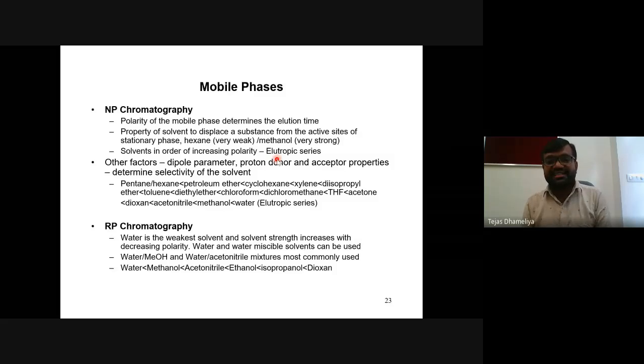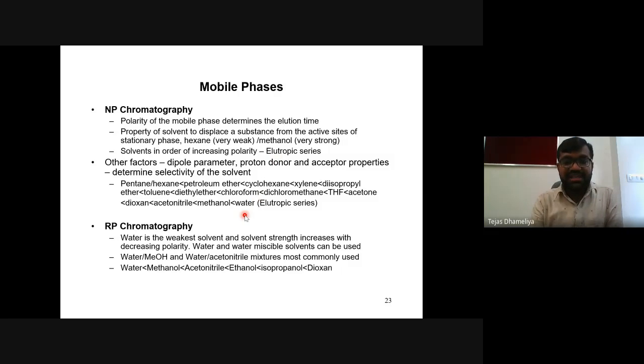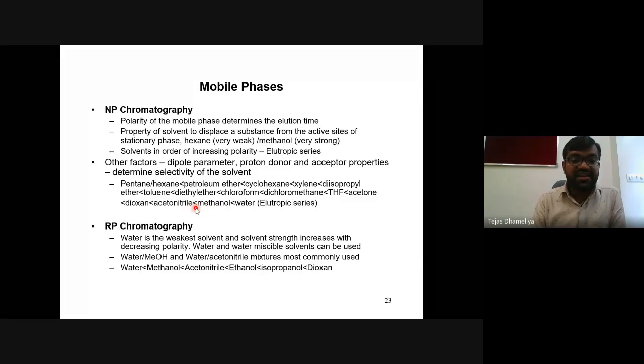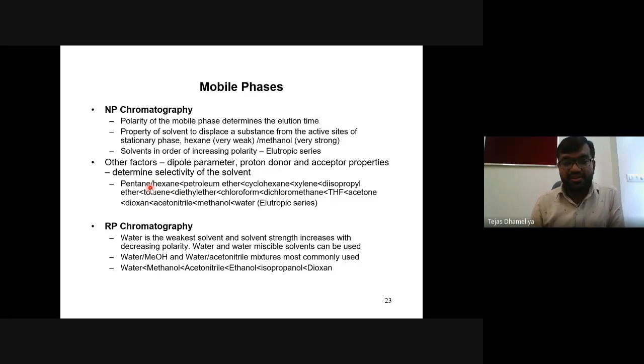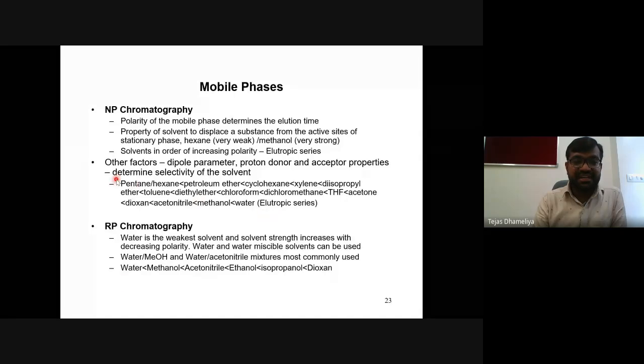The one with more polarity will elute first. As you can see, water has the highest polarity. Then methanol, ethanol, acetonitrile, dioxane, acetone, chloroform. We have petroleum ether, pentane, hexanes also. For the reverse phase chromatographic technique, the eluotropic series is also given, where water will be last and pentane and hexane will elute first.